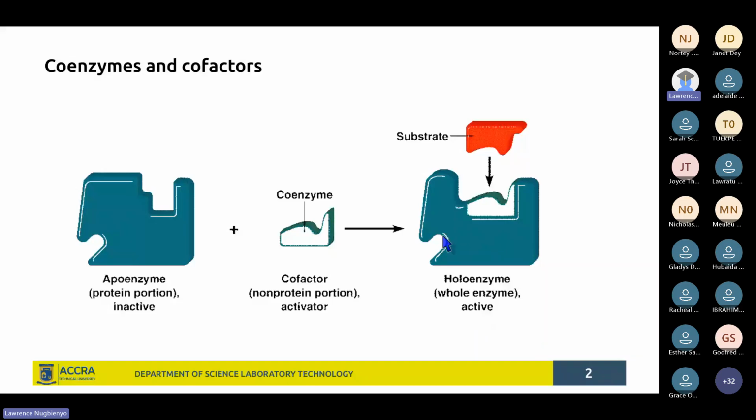Here you see that the enzyme is depicted as having an active site with a configuration that does not fit the substrate, and that a coenzyme, after it binds into that active center of the apoenzyme, changes the configuration of the active site so that it now fits the substrate.